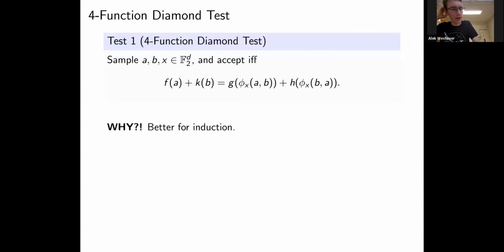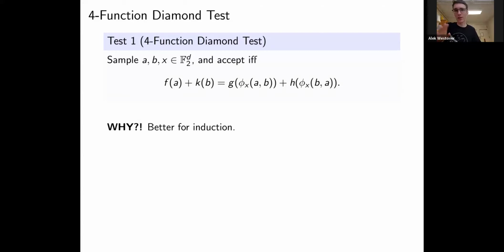The motivation, I guess maybe it's kind of hard to see right now, but it turns out that this is going to be better for induction. So more precisely, if we fix one coordinate of a and b, then we can think of the four-function diamond test as fixing one of the coordinates and then running a lower dimensional four-function diamond test.